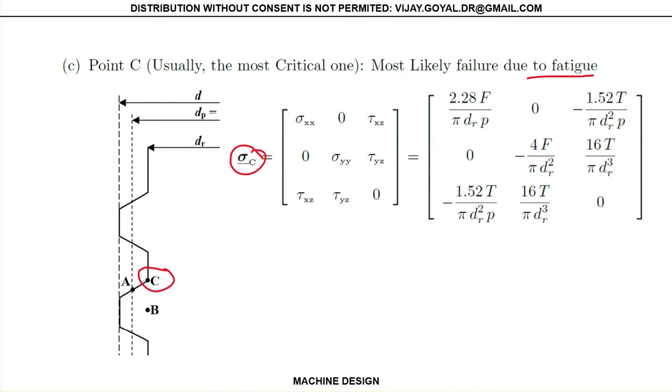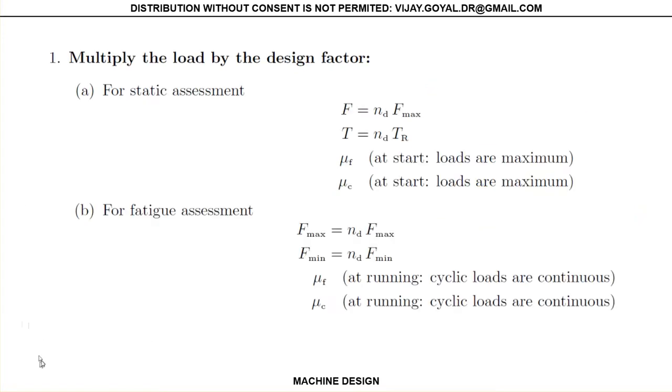Okay, so as we move on now, the first thing you want to do in the problem, these are the steps on how to resolve this. You want to multiply by the design factor. So you're going to multiply your load and your torque by the design factor. And for static analysis, you're going to use these factors as static.